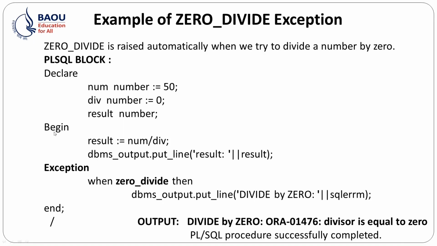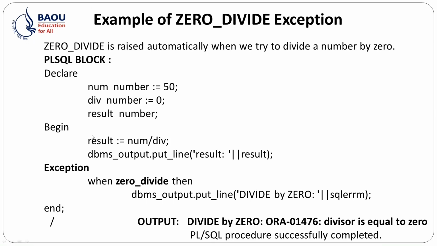Now, in the begin section, the result variable is equal to num divided by div. Div is 0 and num is 50, so it will be 50 divided by 0. We already know a number is not divisible by 0, so the rule is violated. That's why the exception or abnormal condition is generated here.